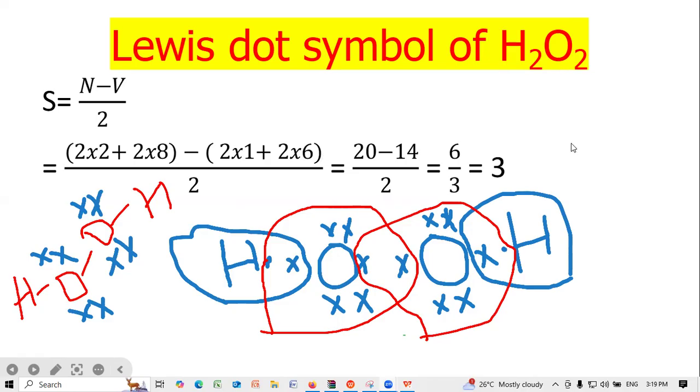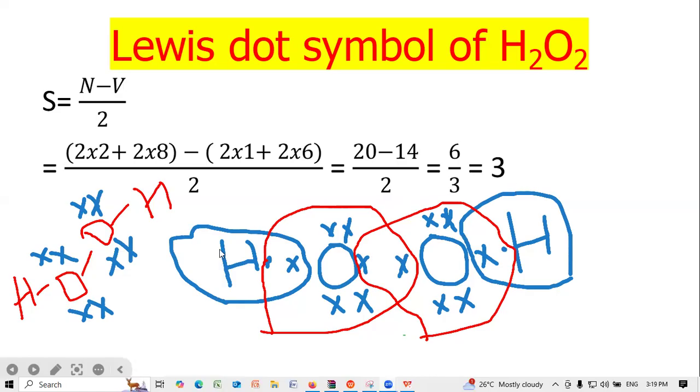In the calculation, we get 3. So to complete the duplets of 2 hydrogens and the octets of 2 oxygens, we can make 3 covalent bonds.